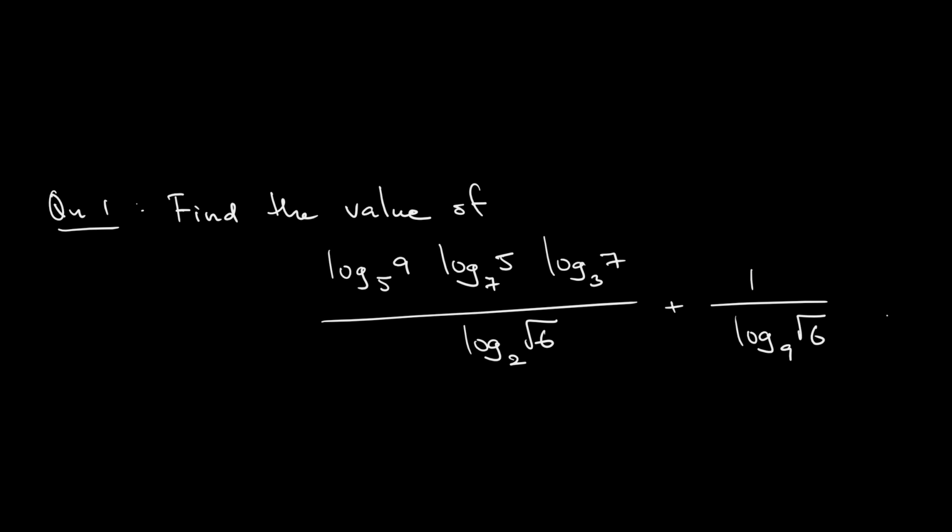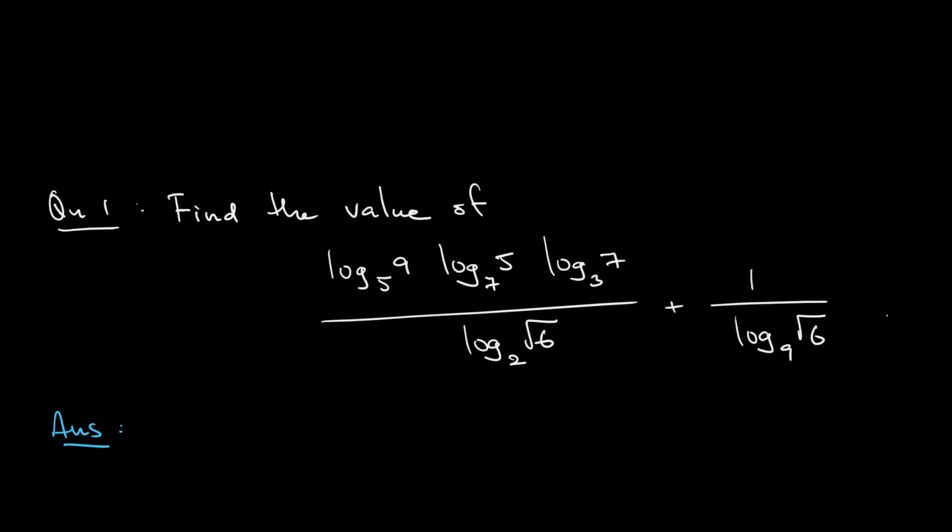Okay, let's try the question together. So from here, notice that I can change this expression to become log base 5 of 9. I can change it to log base 5 of 3 multiplied by 2, right?